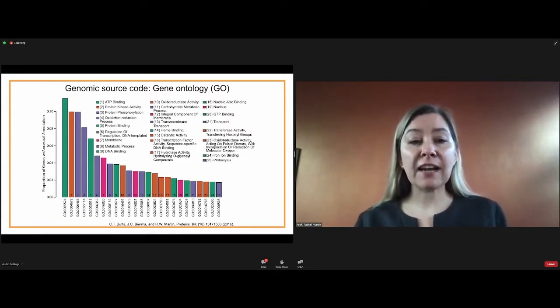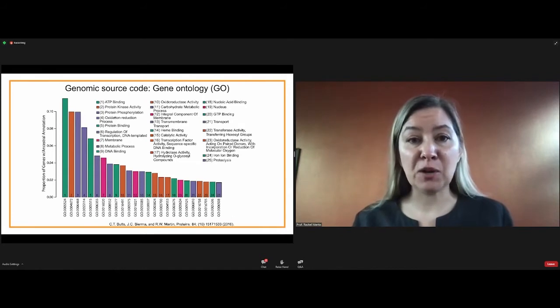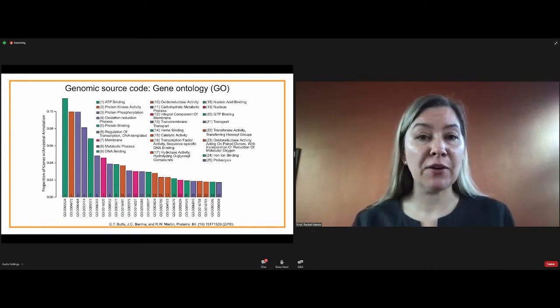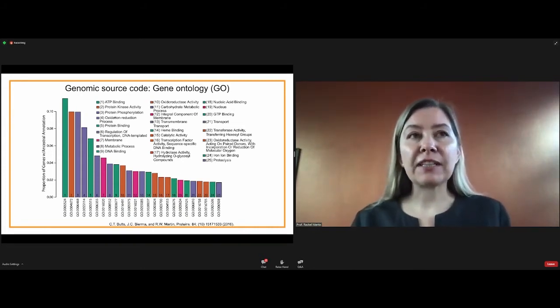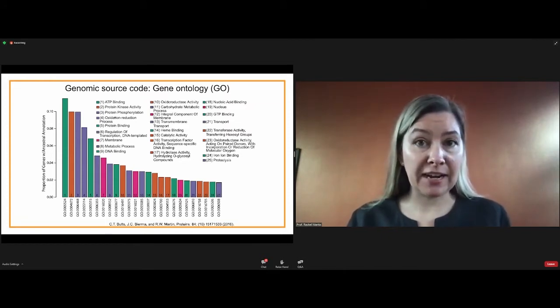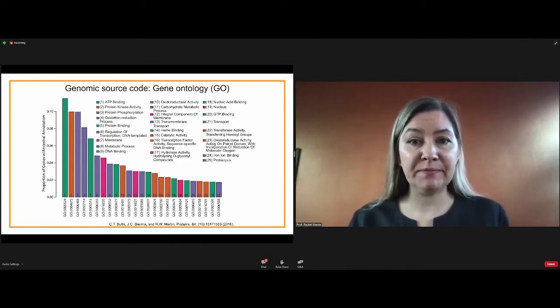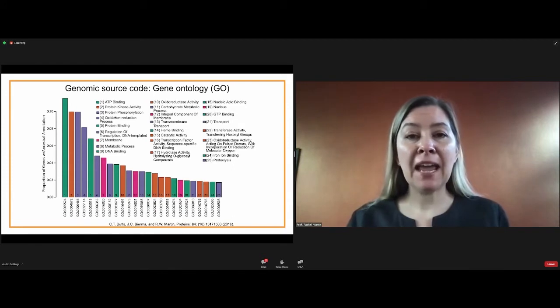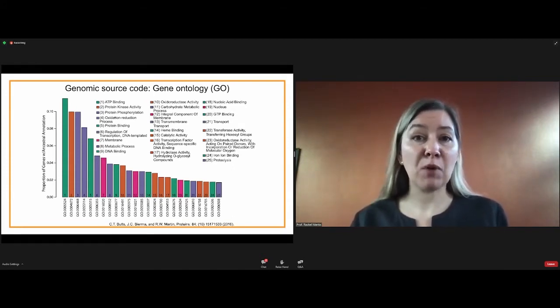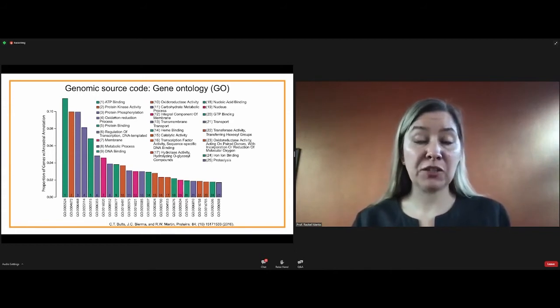We can get a sanity check for how good our genome is by looking at how well it covers some of the essential functions of a eukaryote. There's a list of about 250 core genes that everything has to have to be a viable organism. We got 100% matches to about 90% of them and partial matches to essentially all. So that tells us that we do have the source code for this plant.